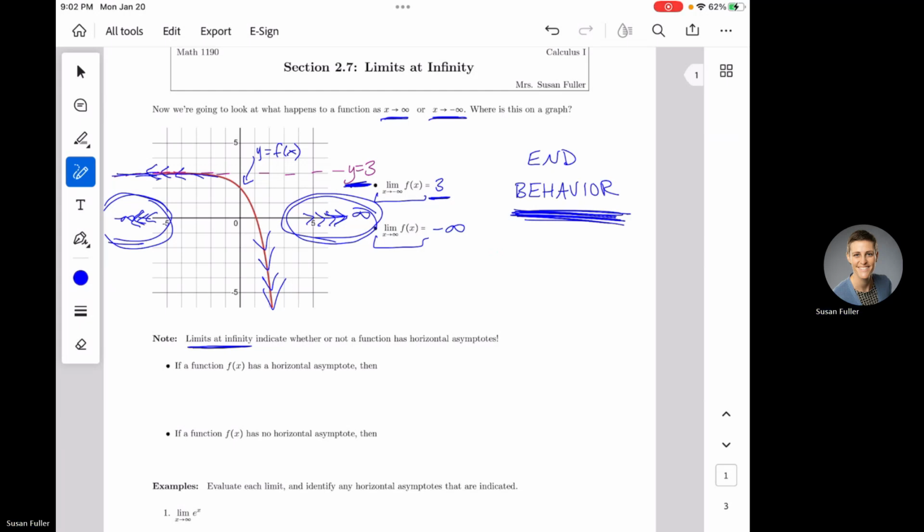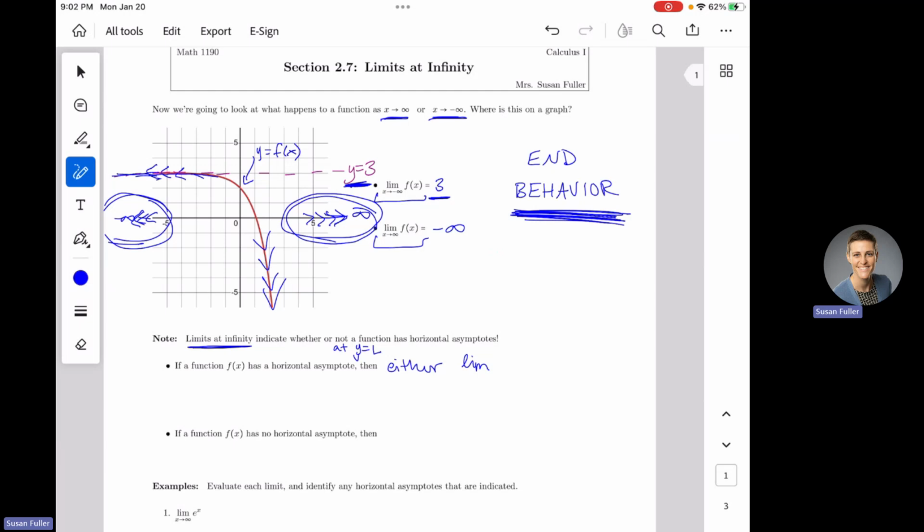So if a function f of x has a horizontal asymptote like this one did, and let's say our function has a horizontal asymptote, I'm going to go a little further here and say at y equals, I'm going to put that number L in there, right?